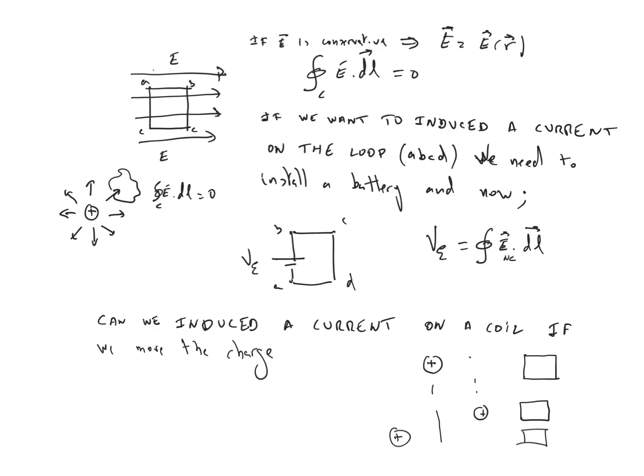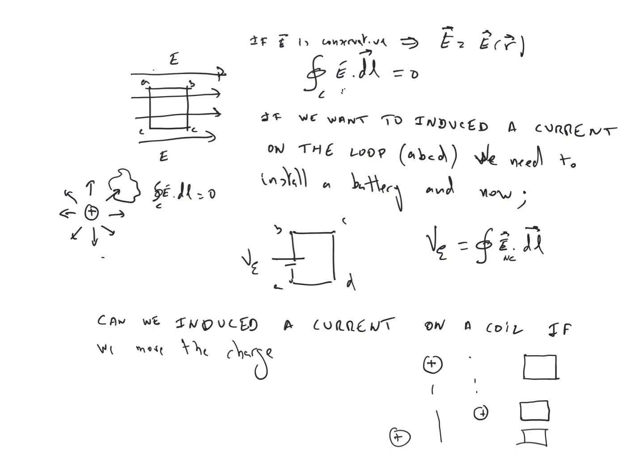So we start with this. If we are in a static situation, the electrical field that we are dealing with comes from charges that are not in movement, like this one. We know that the circulation of E is 0.